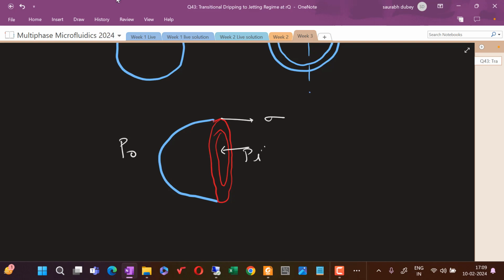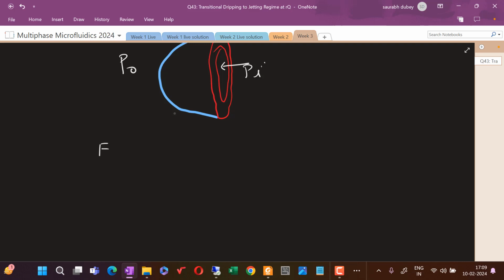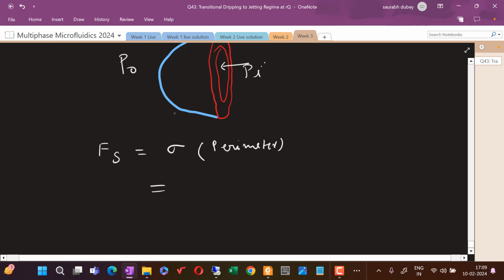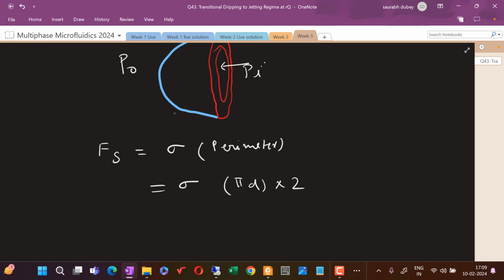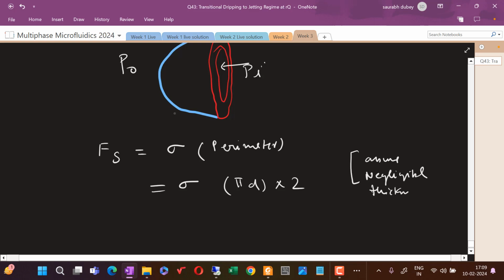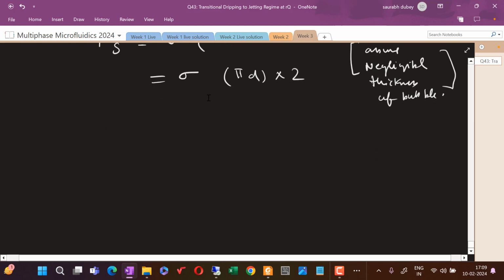So the surface tension force will be surface tension times perimeter, and this will be surface tension times pi d, where 2 pi r is the perimeter. So two perimeters will be there. Assume negligible thickness of the bubble.